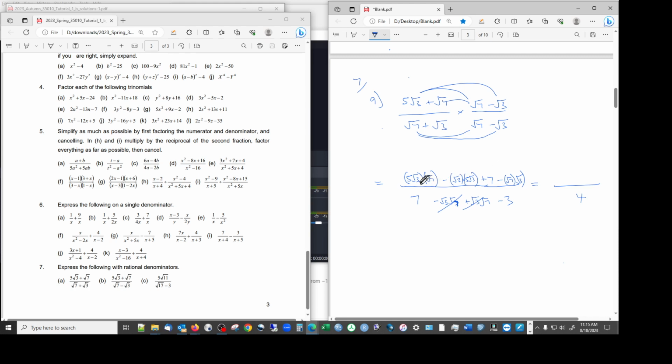Okay, so square root of, so 5 root 21, 3 3s are 9, root 3 squared, so it's just 5 3, so minus 15, plus 7, and the square root of 21.